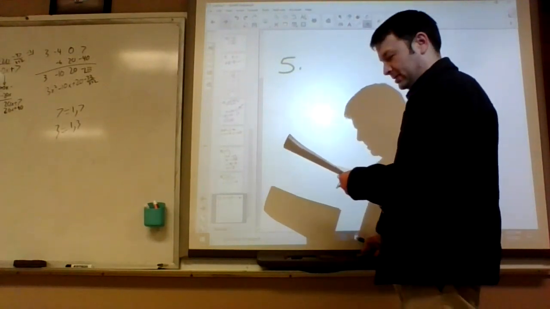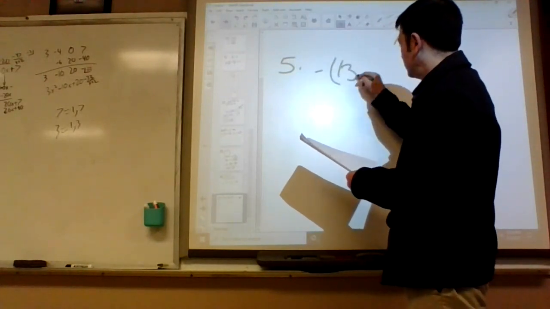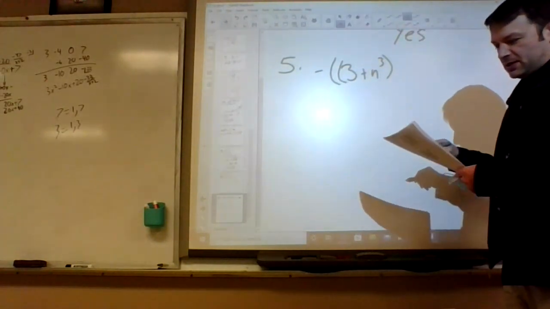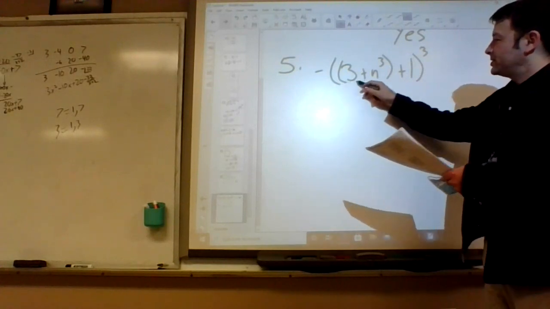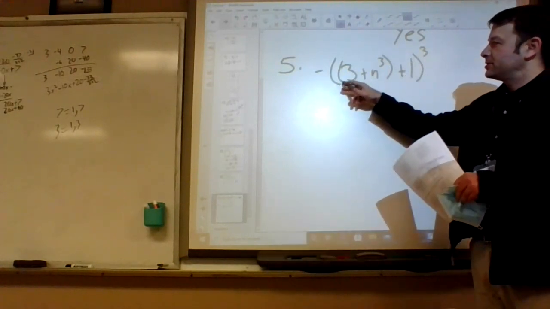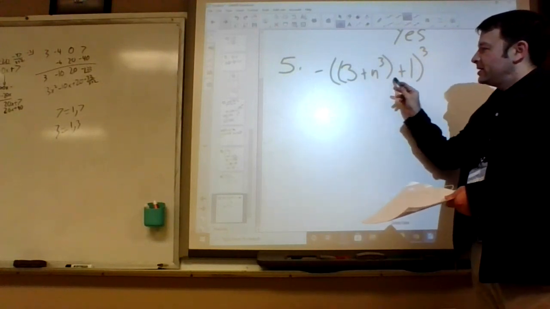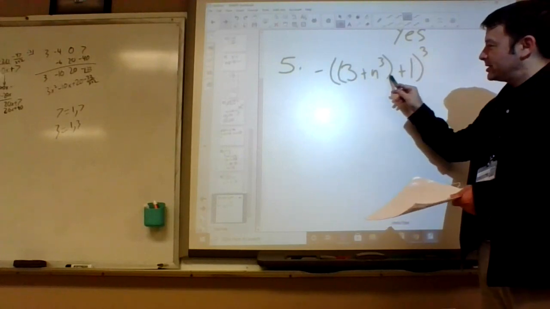Do negative parentheses 3 plus n, that's the 3 plus 1, and then another 3. I put parentheses around this. Cubed, or to the 3rd power. I didn't really need parentheses around the thing, but sometimes you do.